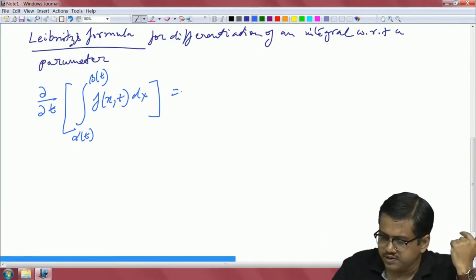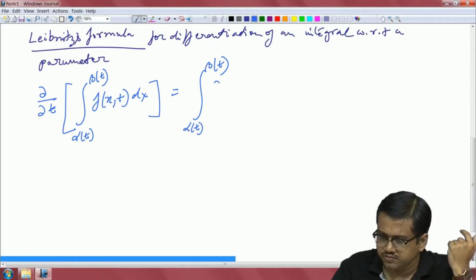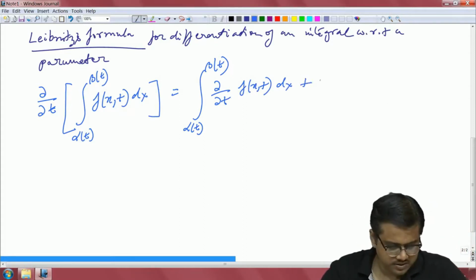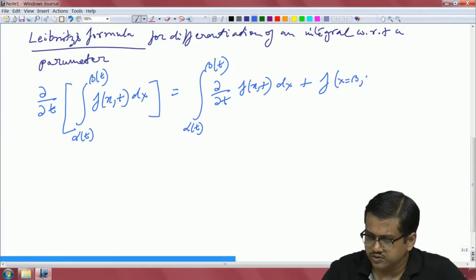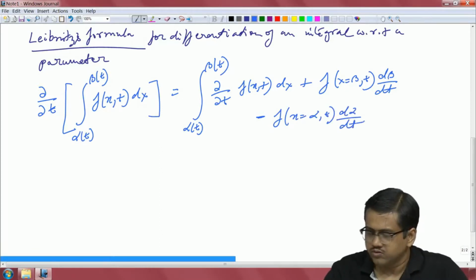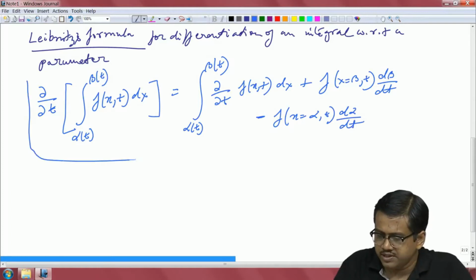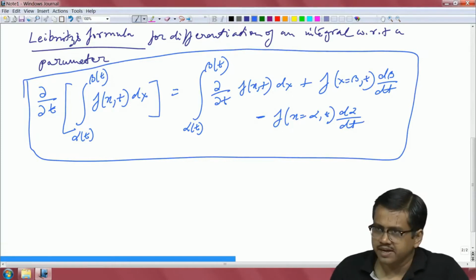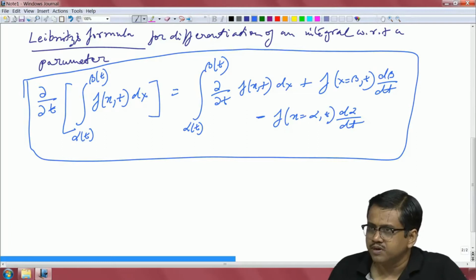That is the form, that is the first one, plus, minus, that is the Leibniz formula. You can see how this will come in handy, we will see in a second, but this is the form of the Leibniz formula.